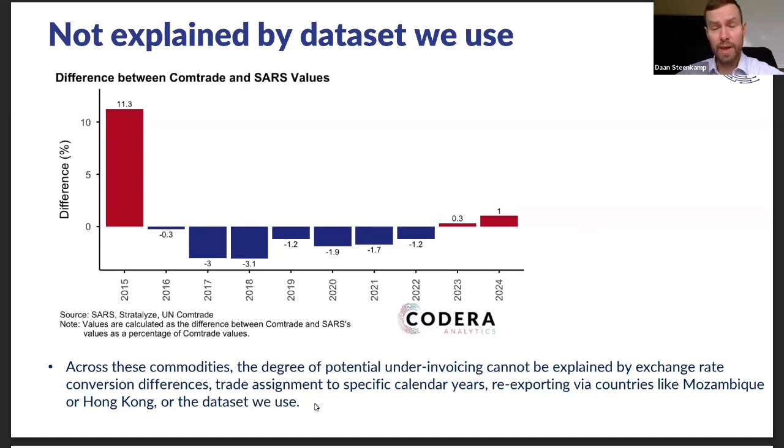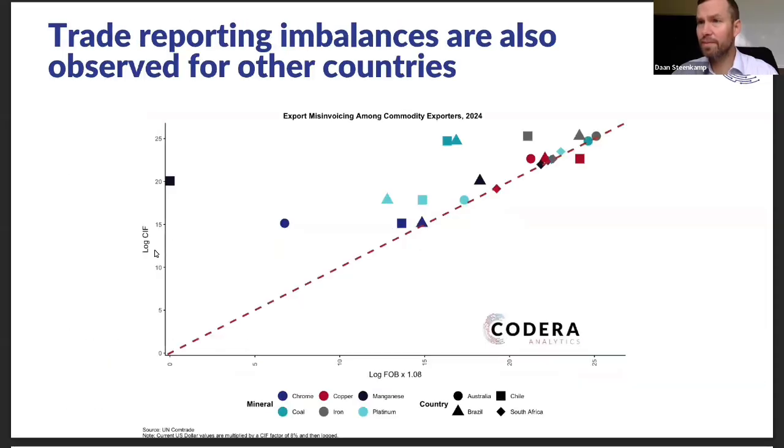And we also show in the paper that we looked at the way that we used exchange rates to convert trade into common currencies, or the way that we assigned trade to specific calendar years when we plotted them on the charts. And then we also, as I said, looked at re-exporting behavior across each of the categories, and you can go into the appendix of the paper for more detail.